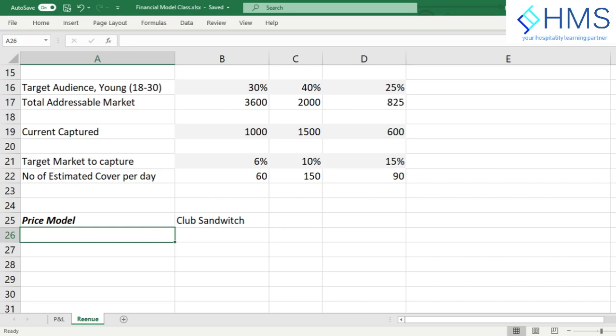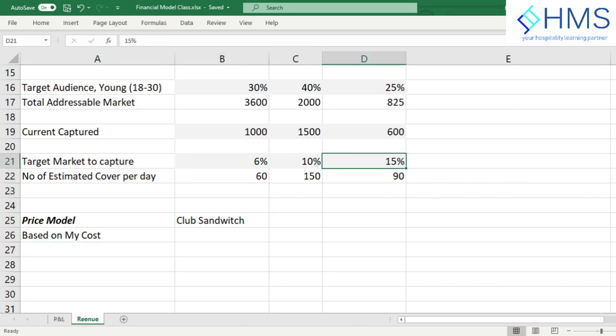So when I'm doing the pricing, I would look at my cost. Based on my cost, how much would the price be? Now cost in each different location can be different, so the price can be different in each location.